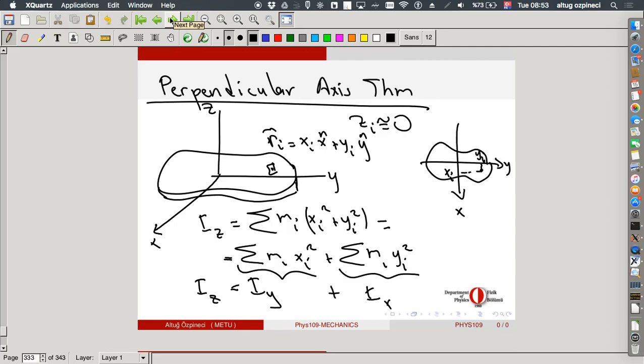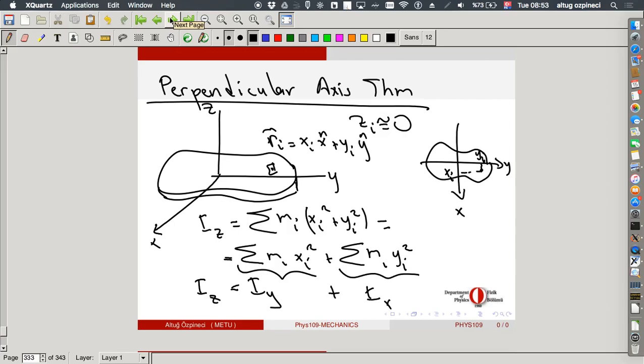This is how we define it. This is the distance squared of any point on my object from the z-axis. Now we can just split it into two. Let's say this is the z-axis, this is the x-axis, this is the y-axis. If you take this point, the distance of this point from the x-axis is nothing but its y-coordinate.